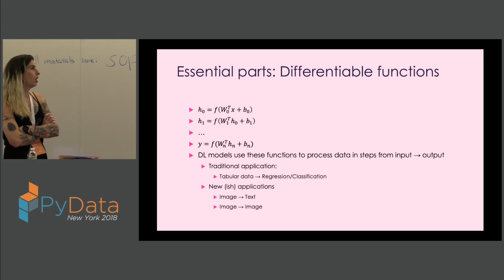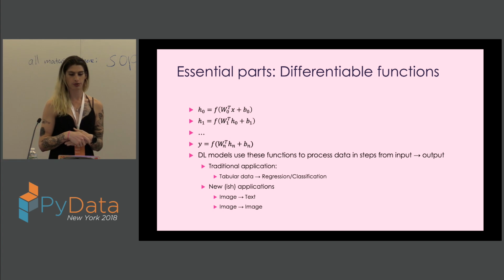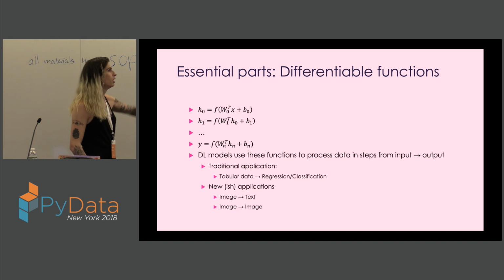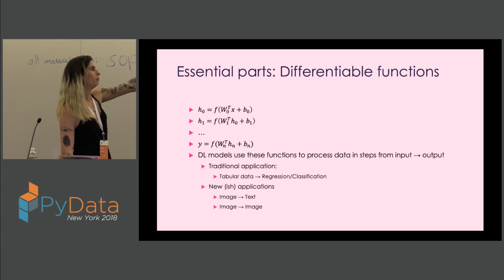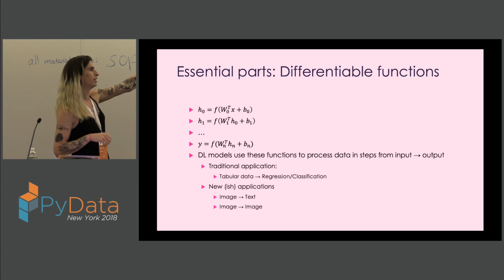So the common structure of all deep learning models is a chain of differentiable functions. It might not be obvious, but here I'm starting with the common nomenclature for deep learning models. X is going to be our input data.